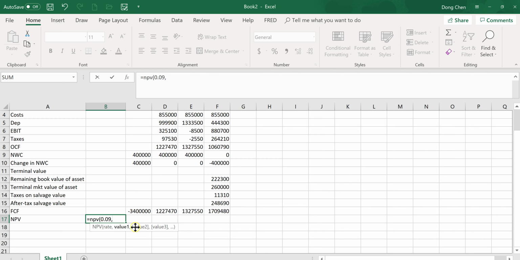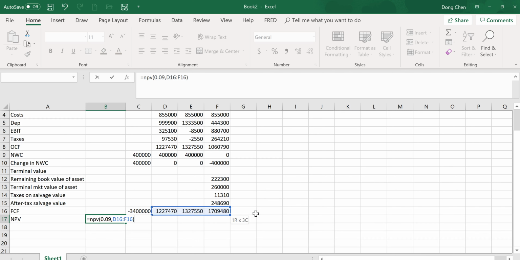But what's special about this function is that you need to start the cash flow not from year 0, which is the immediate current year, but from the first future year, year 1, and then pull all the way to the right, to the last year. That's how you use this NPV function in Excel, and close the parenthesis.